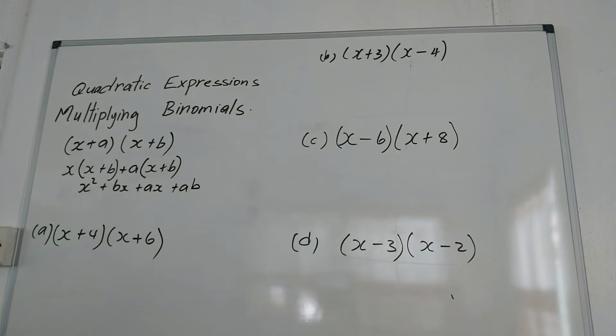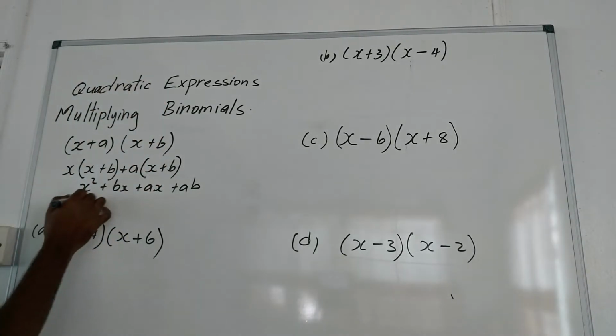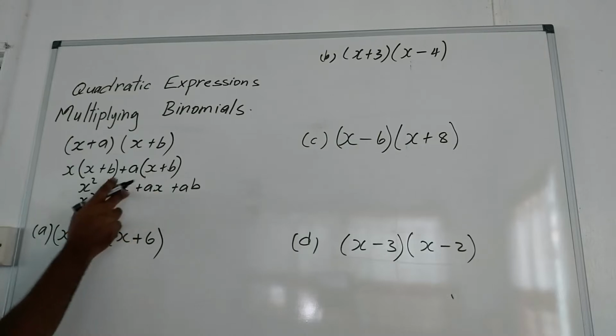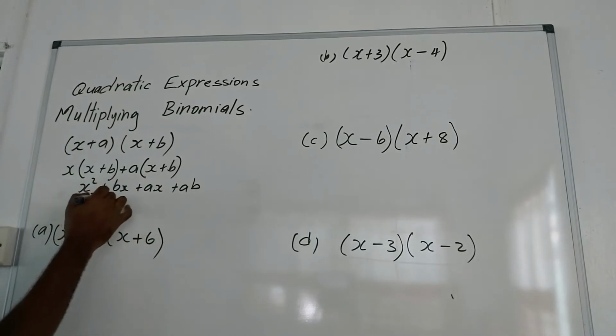Alright? So we can simplify this further. We can do a little factorization, and I know you know how to factorize. So we have x squared, and the two x terms, since they are similar, we will factor out the x.